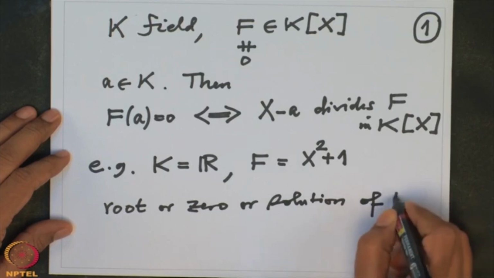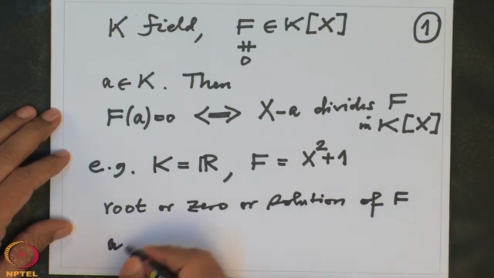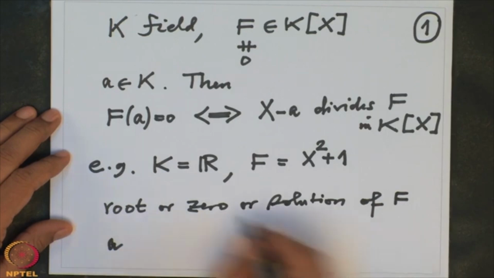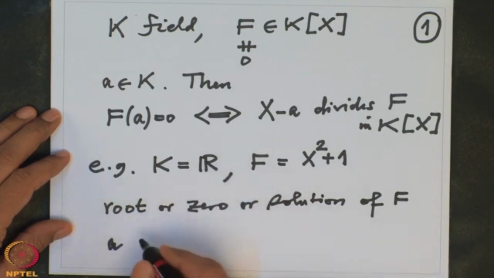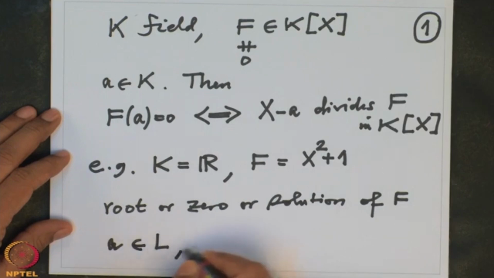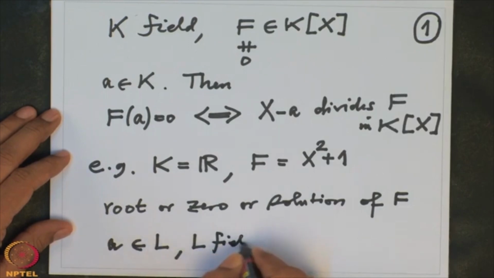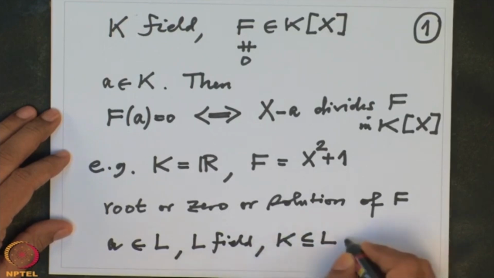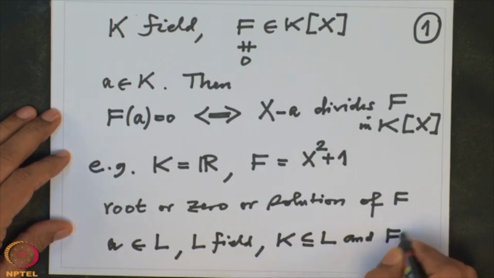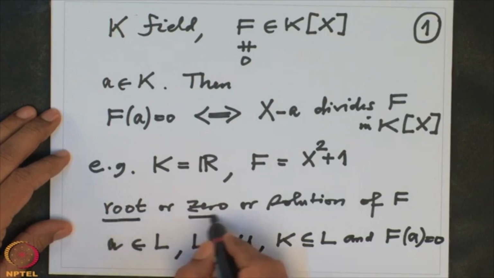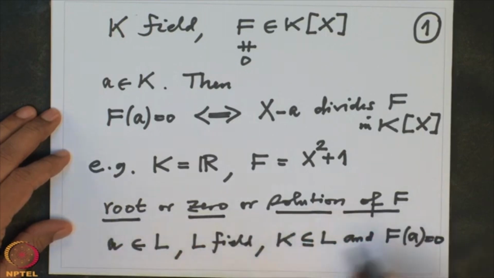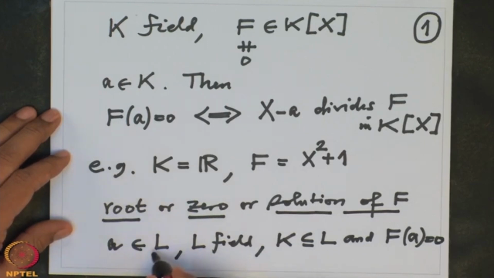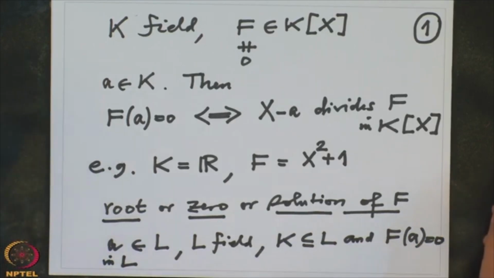A root of f means an element a, somewhere, may not be in K, but maybe in a bigger field than K, in some L, where L is a field which contains K, and f of a is 0. Such a thing is called a root or zero or a solution of f, and one should specify in L, where L is a given bigger field.